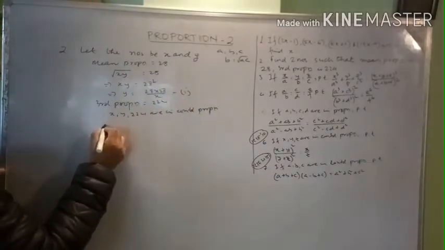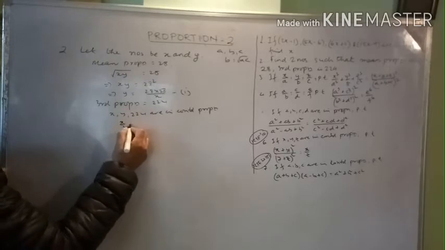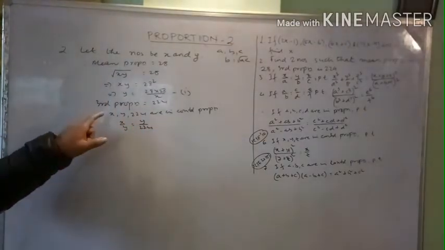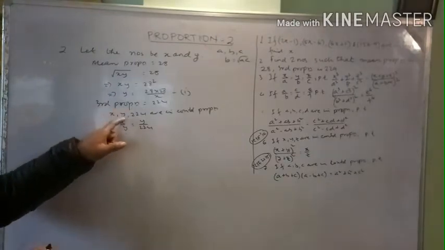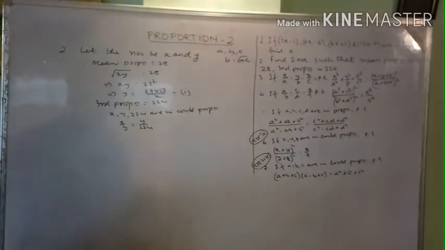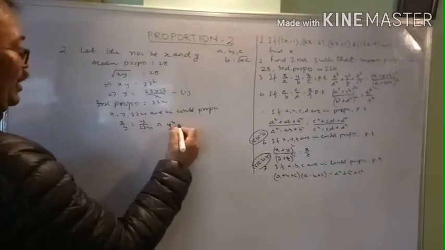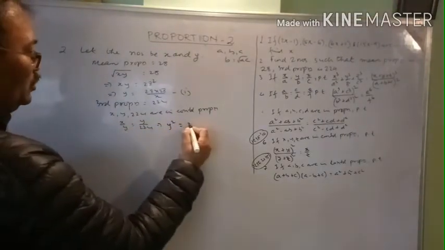So therefore, you know x by y is equal to y by 224, because the ratio of x to y is equal to the ratio of y to 224. So this implies y square is equal to 224x.